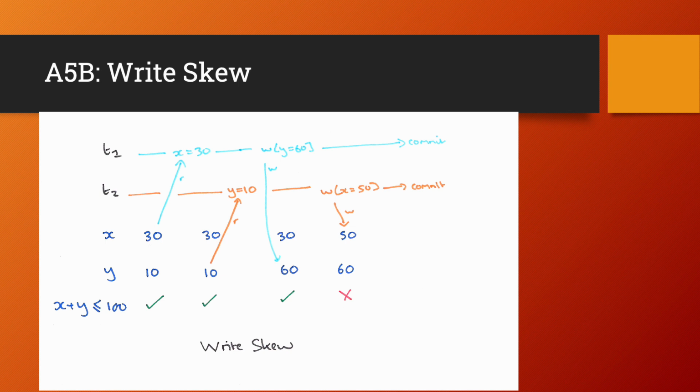So here again the constraint is violated, there's a data inconsistency, and the X plus Y less than or equal to 100 constraint is not maintained.